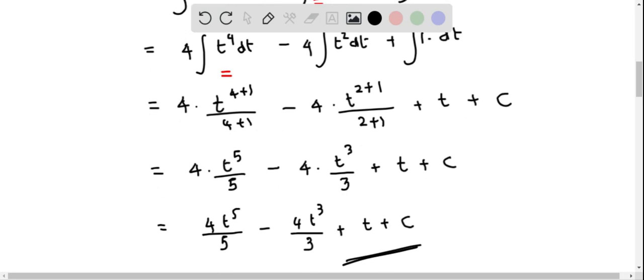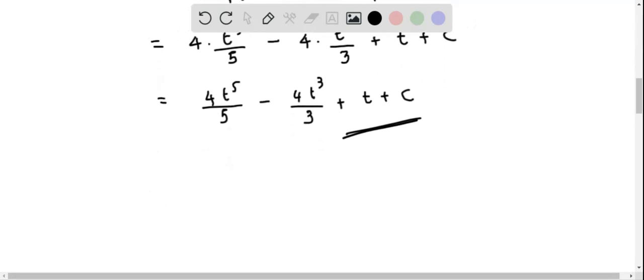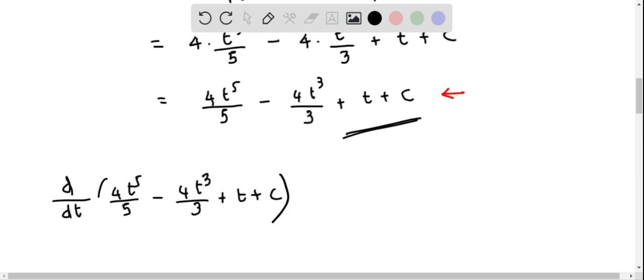Let's verify this result by differentiating, and we have to confirm if it gives us back the f of t. So I'm going to differentiate this result. Let me copy the result. So this is basically differentiation of 4t power 5 by 5 minus 4t cube by 3 plus t plus c. In the first step, I'm going to split this differentiation into several parts.